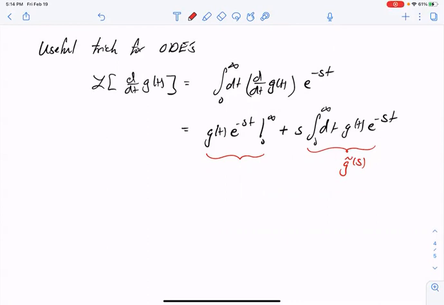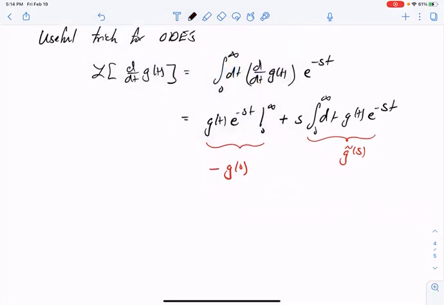Evaluated at 0 gives me minus g at 0. So what we have just found is that the Laplace transform of a first derivative of a function g gives me s times the Laplace transform of that function, up to a boundary term, an initial condition term.